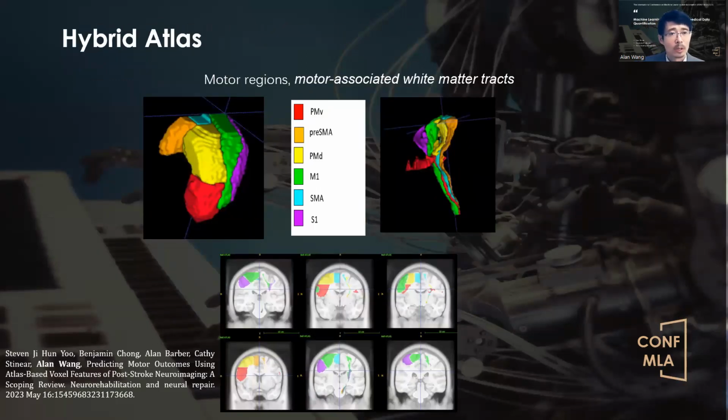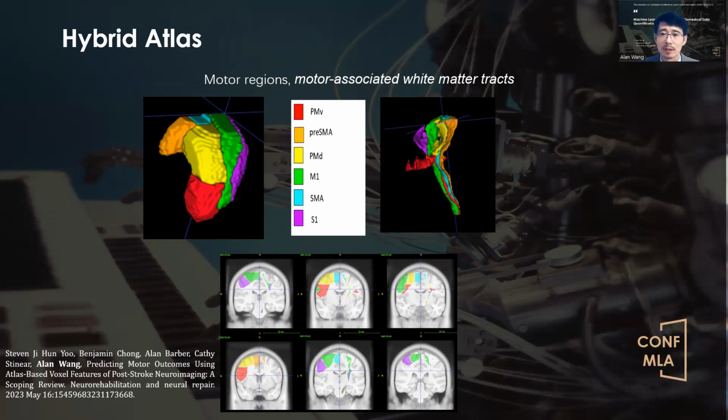Another atlas I want to share with you is the recently developed hybrid atlas, which is utilized for stroke recovery prediction, especially motor recovery prediction. This atlas contains motor regions, as well as the motor-associated white matter tracks. It means that this atlas is more comprehensive.